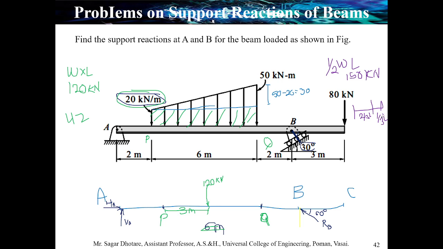I'm calculating 1/3 L, that is 6 divided by 3 is 2 meter. From point Q, I'm putting 2 meter, it's 2 meter, and placing this force, that is 150 kilonewton.